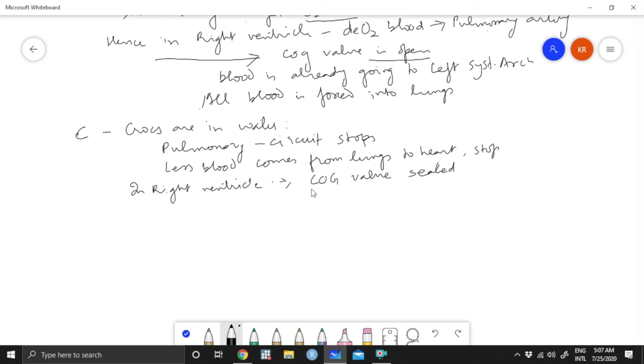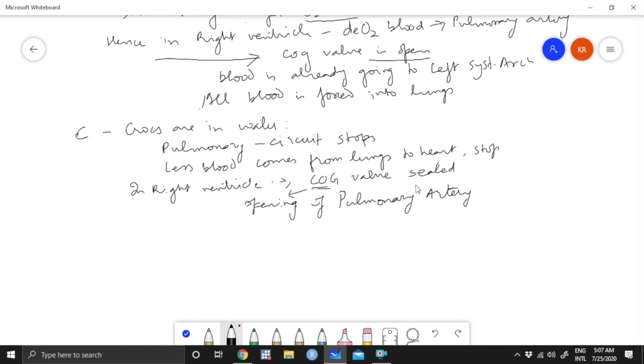Now, where is this cog valve? This cog valve is at the opening of the pulmonary artery. That means the one that is going to the lungs, that is blocked.